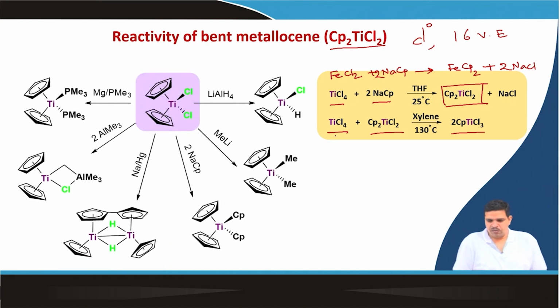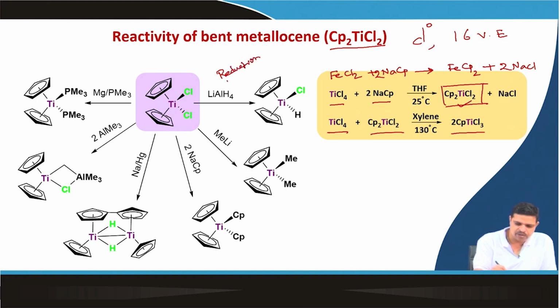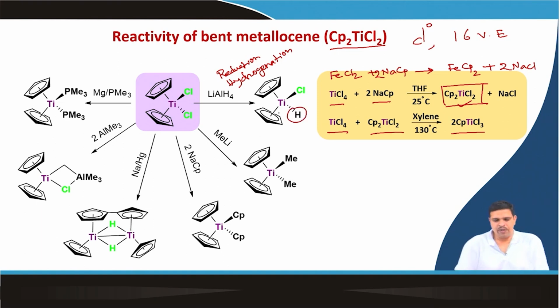Very unique properties of this one, you will see here that if you do the hydrogenation reactions, that is the reduction, or let's better say hydrogenation, you can get the titanium hydride bonded bent metallocene.